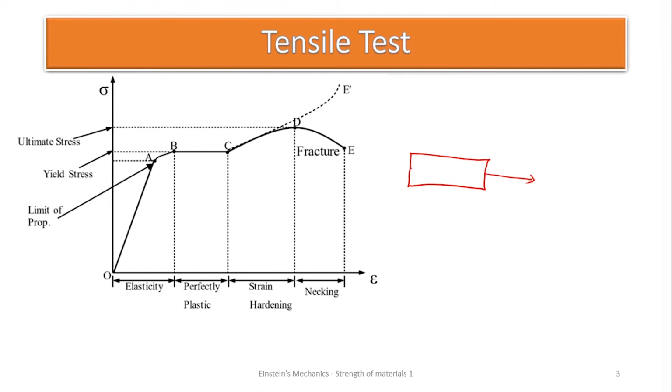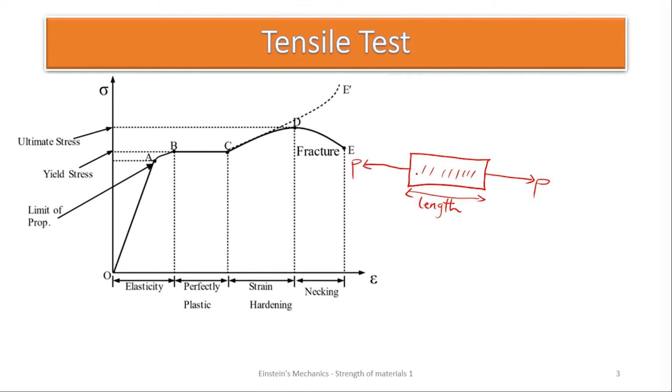I hope you remember tension. The material is being stretched. So this material is under the influence of force P in a tensional mode. You can see it is trying to elongate the length of the material. Elongation is going to occur, and stress is induced in the system.